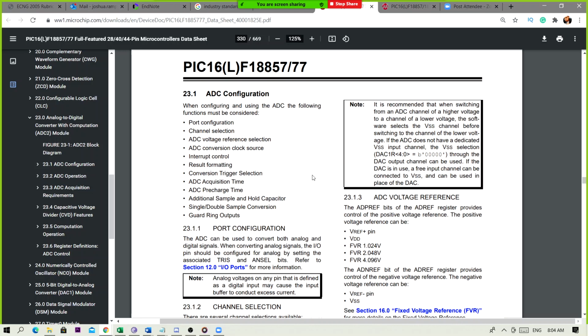In configuration, you see, it tells you how to configure. Let's start in section 23.1.1, and I want you to read that out loud.